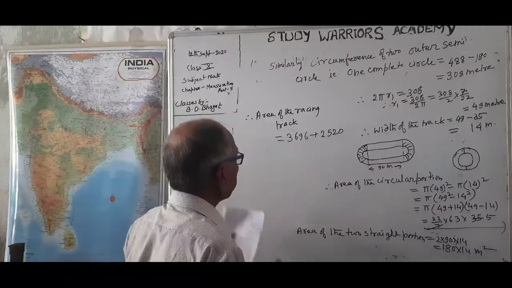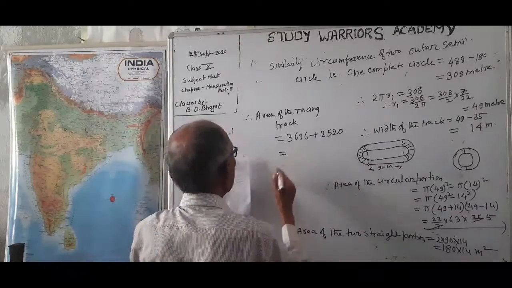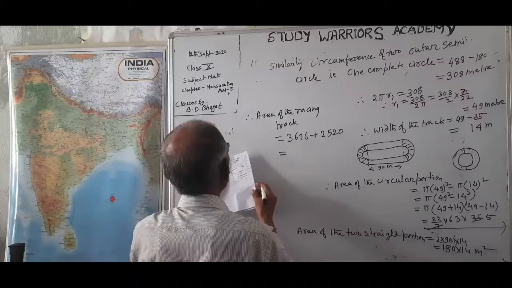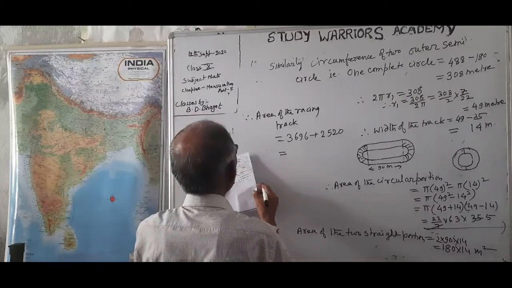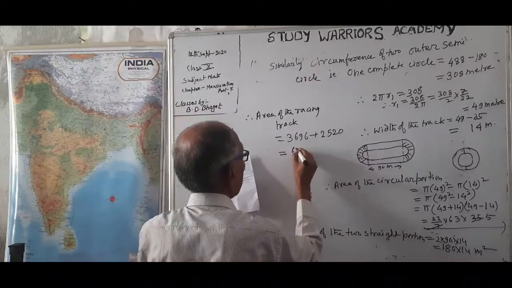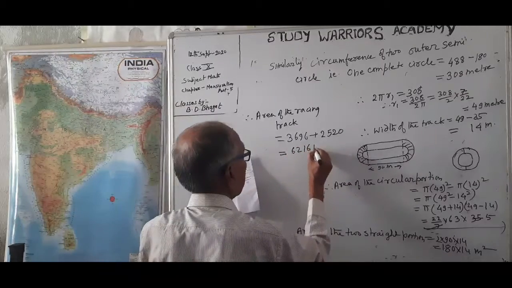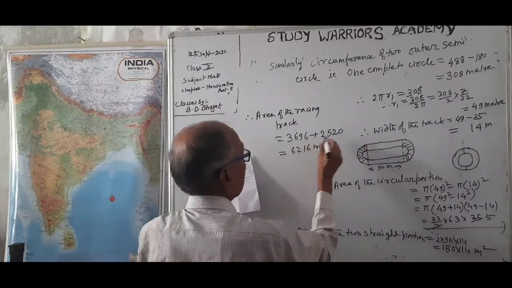If you add these two values, you will get the whole area of the track, that is 6216 meter square.